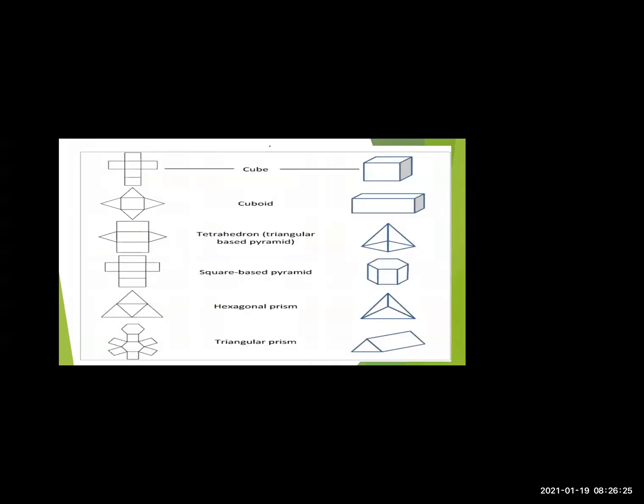Now here, can anyone tell me the first net, it is already shown, it is the net shape, meaning when the shape is open, it is a cube. So can anyone read the next shape? What is the name of the next shape? Can you match it?